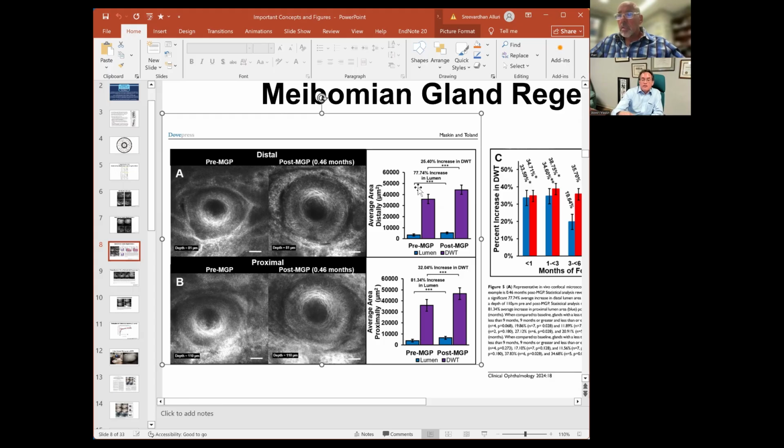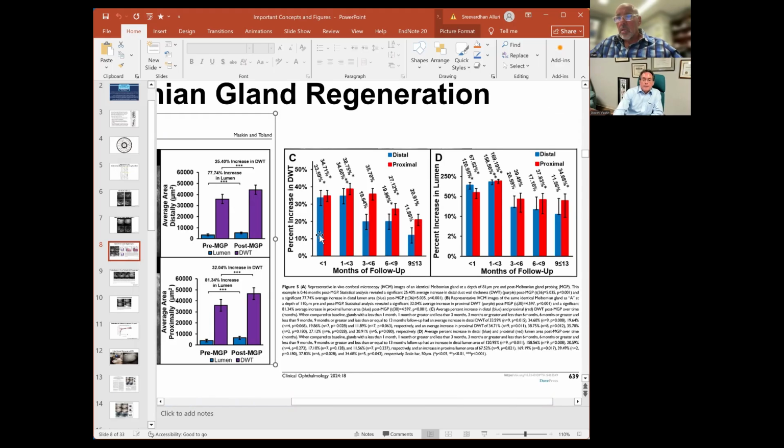We measured at 2 different sites along the distal duct, both distal and proximal, and the other thing we'd like to review in C, we show that over the course of a year, the peak results occur between 1 and 3 months. This is after probing.